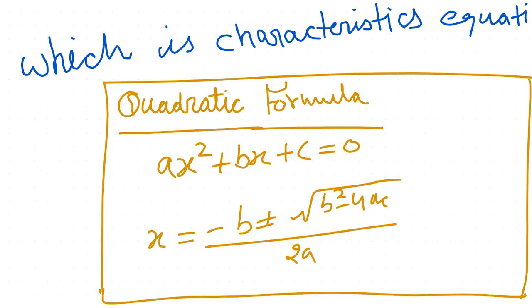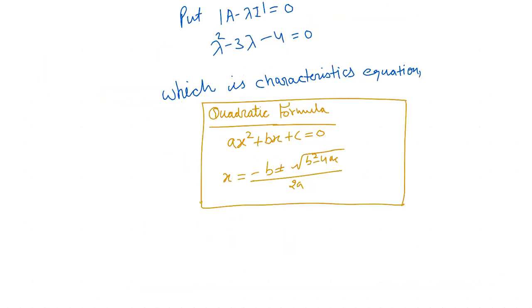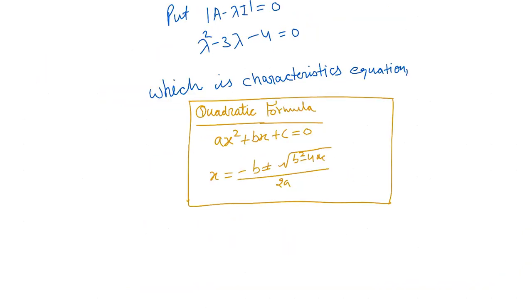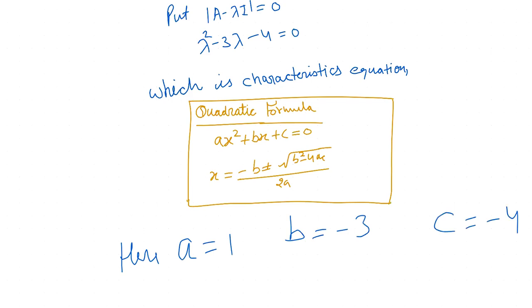So here a is equal to 1, b is equal to minus 3, and c is equal to minus 4. Let us put these in the quadratic formula.